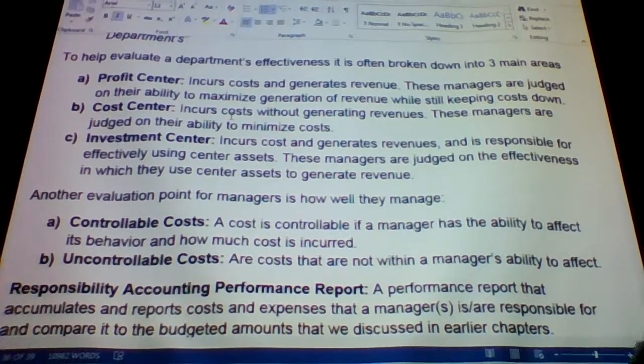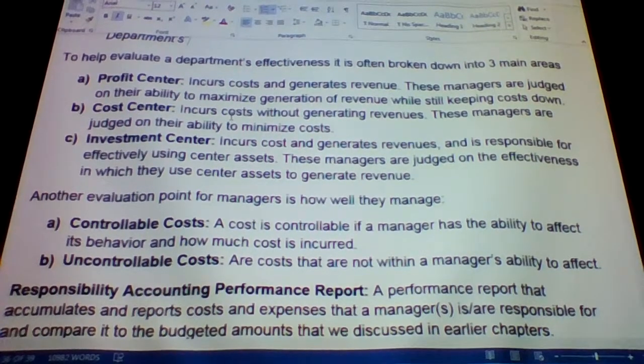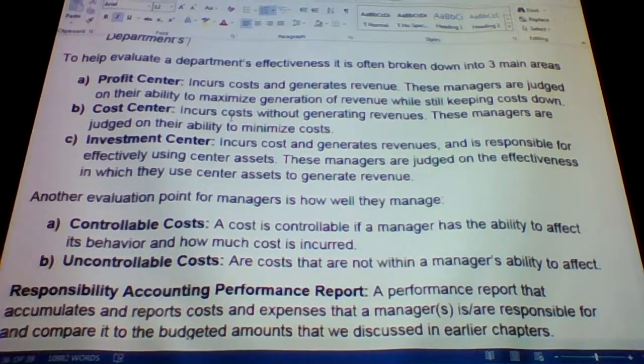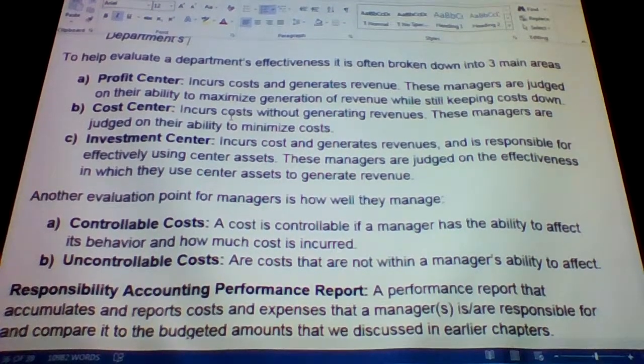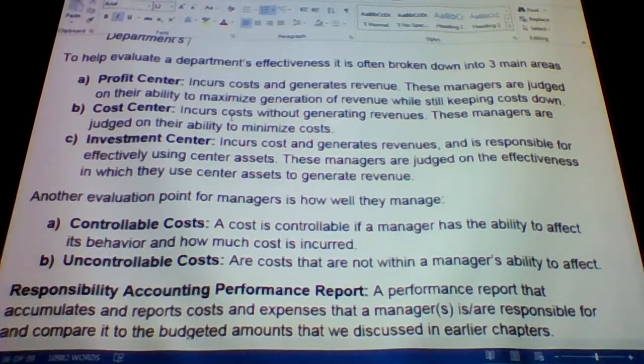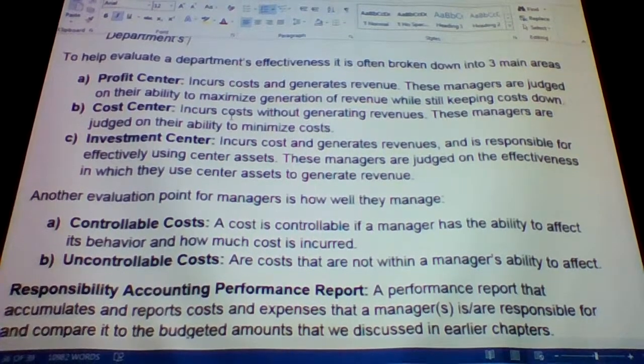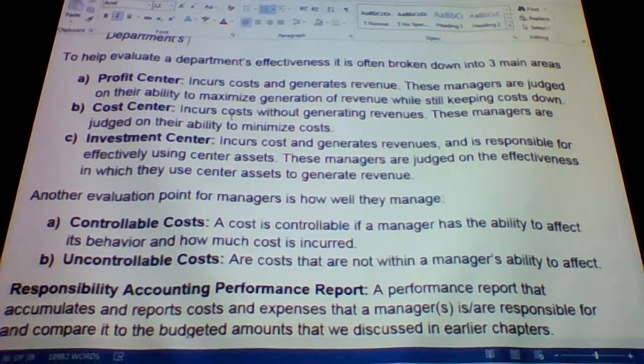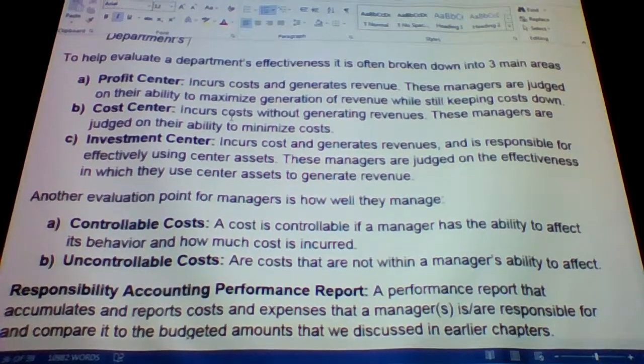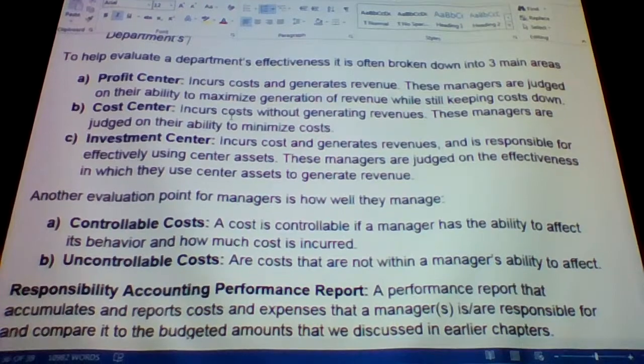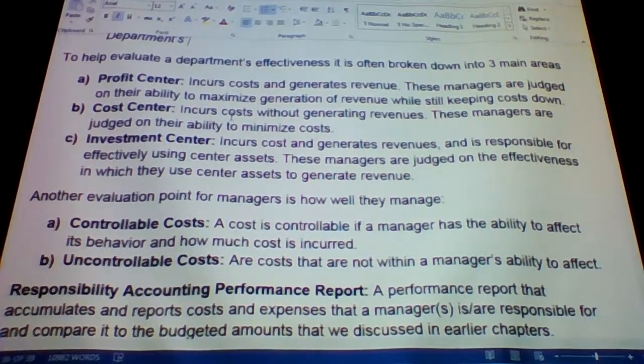And then they have investment centers that they make money in, where they buy other companies' notes receivable, or they buy bonds, or they buy any number of things, and that would come from the investment center. The manager in charge of the investment center would be judged on his effectiveness in which his center uses its assets to generate revenue.